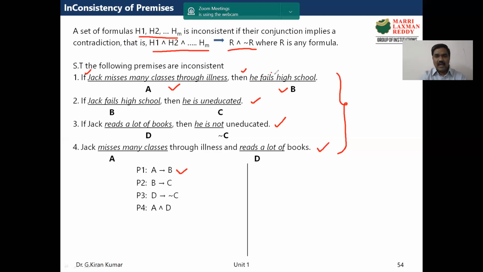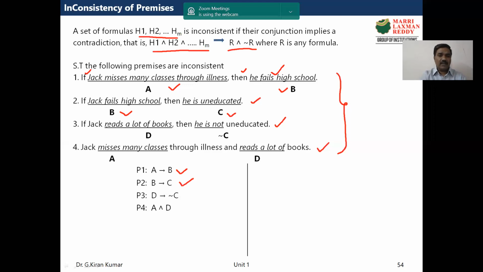Here I already assumed Jock fails high school as B, so I have taken B as it is. Then Jock is uneducated, I'm taking as C. So the second premise becomes B implies C.